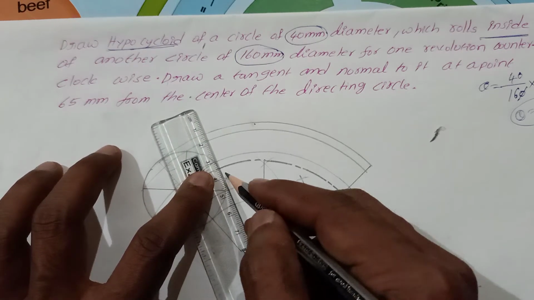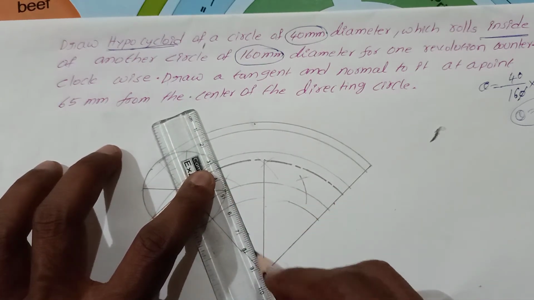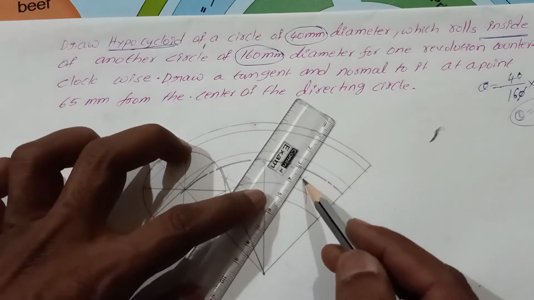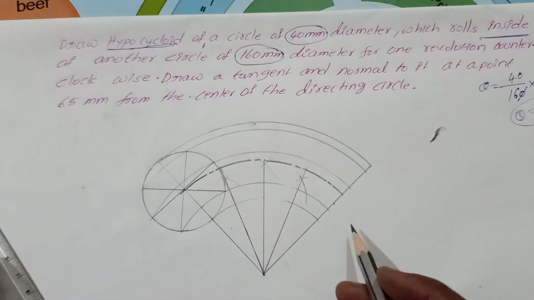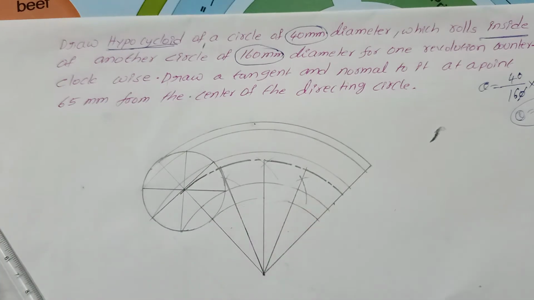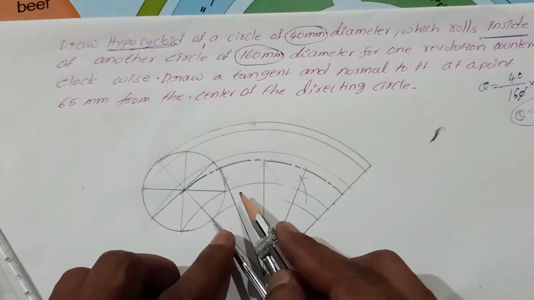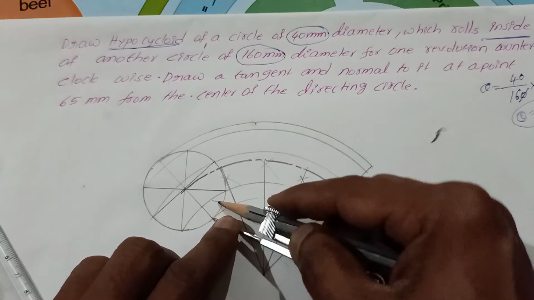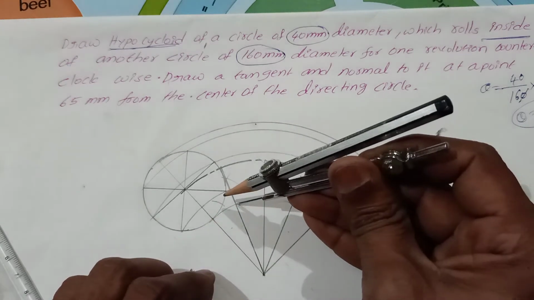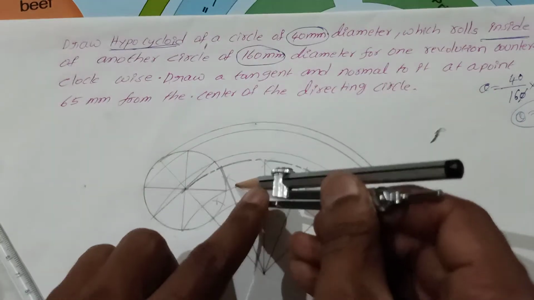Now how many parts is it divided into? Totally how many parts have we divided? 4 parts. Now divide each again into 2 parts, then it will be 8 parts. So take more than half, draw a curve, cut the curve.